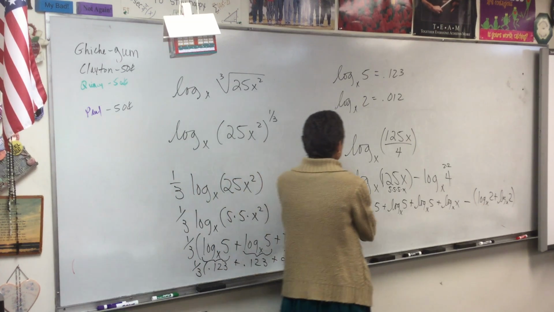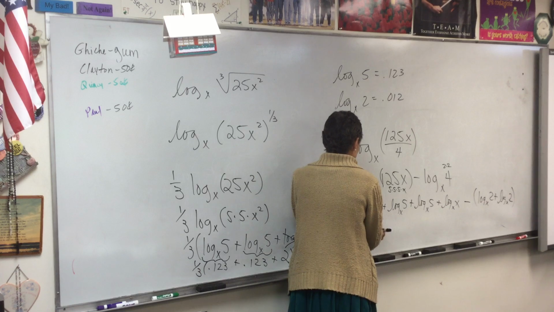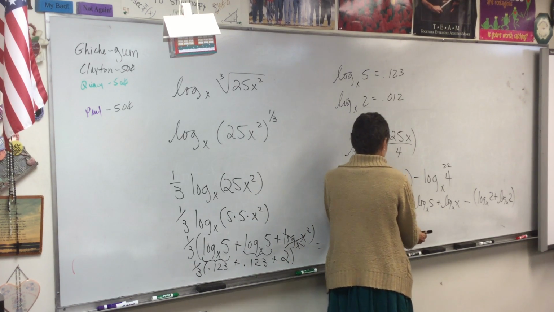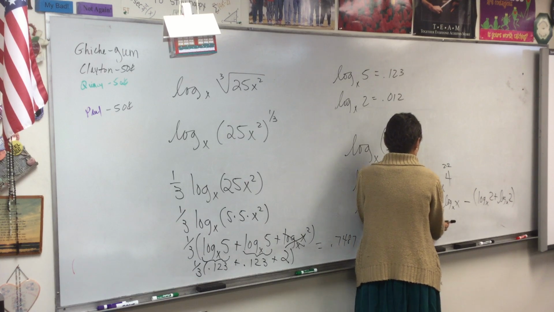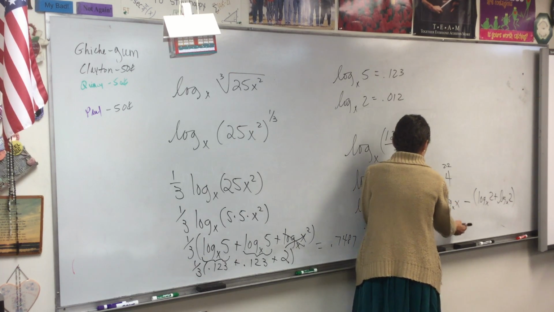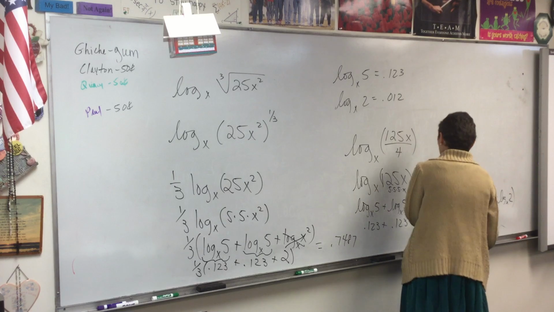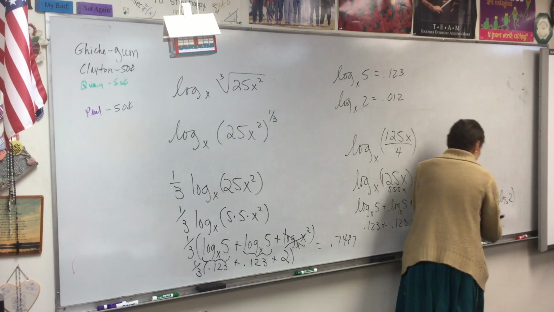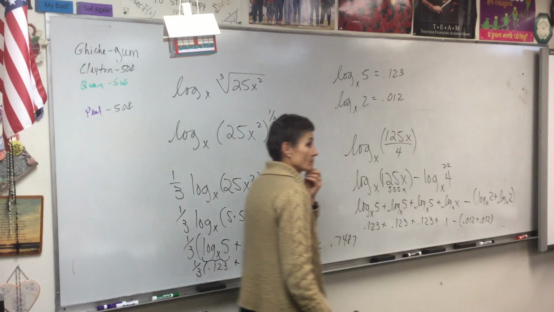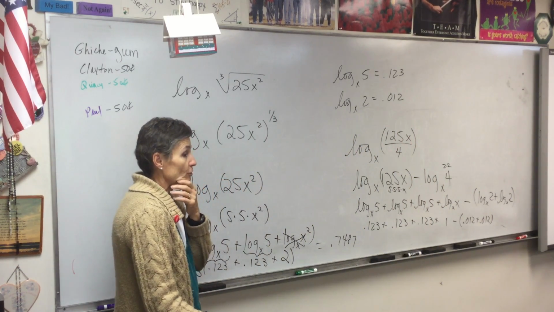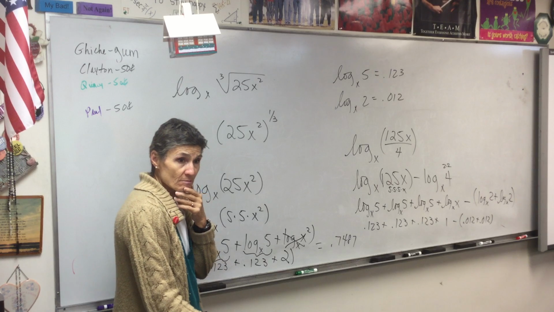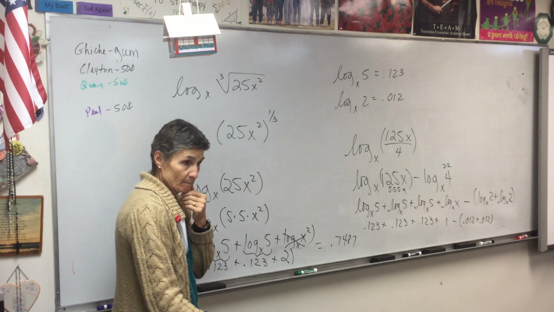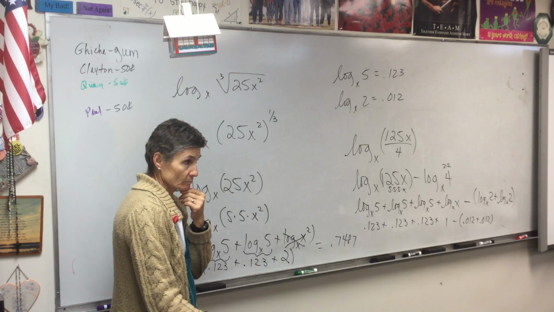So what's this? 0.123, 0.123, 0.123, what's this? 1 minus, in parentheses, 0.012 plus 0.012. And then I could multiply all that together, or add it all together, whatever, and come up with the answer.